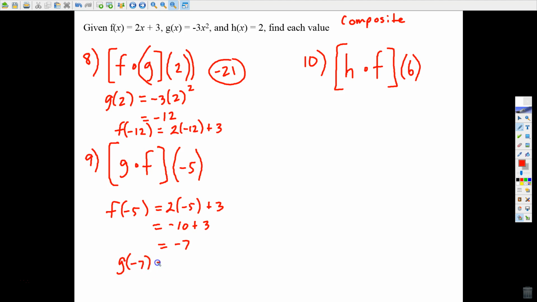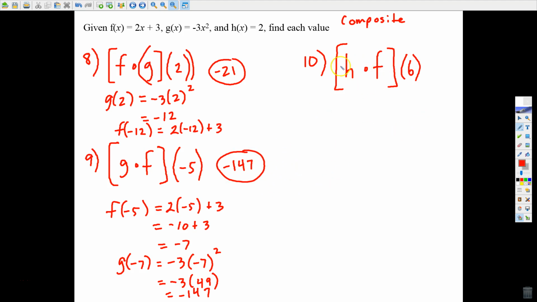So let's figure out what g of negative 7 is. Negative 3 times negative 7 squared. Powers first, so that's negative 3 times 49. And negative 3 times 49 is negative 147. So that's your answer for number 9.